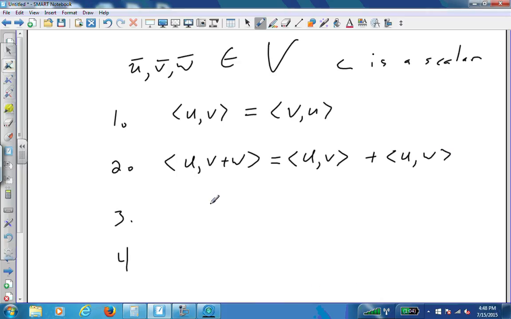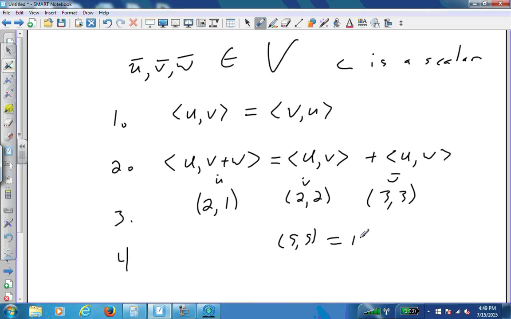We can illustrate that being true with vectors. Let u be (2, 1), v be (2, 1) and let's do (3, 3) for w. Then v plus w would be (5, 5). If we dotted u onto v plus w, we would get 2 times 5 plus 1 times 5, so we would get 15.